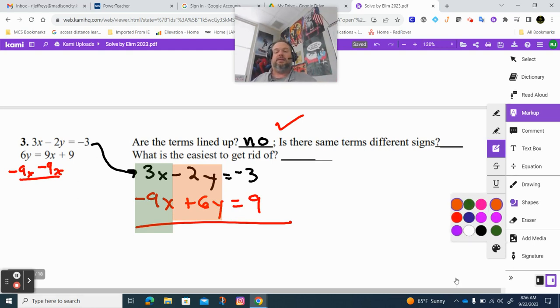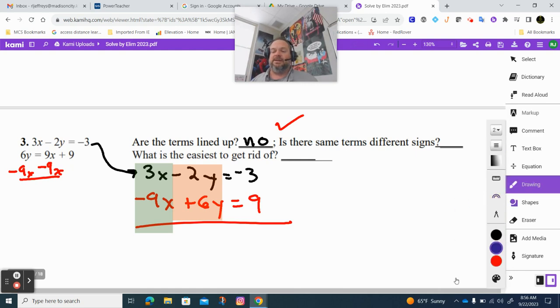So this is another no. But this is when we need to think about it. Can we easily multiply something to the top or bottom to make them be the same if we want to get rid of one? First of all, what variable y'all want to get rid of? Just pick one. There's two.